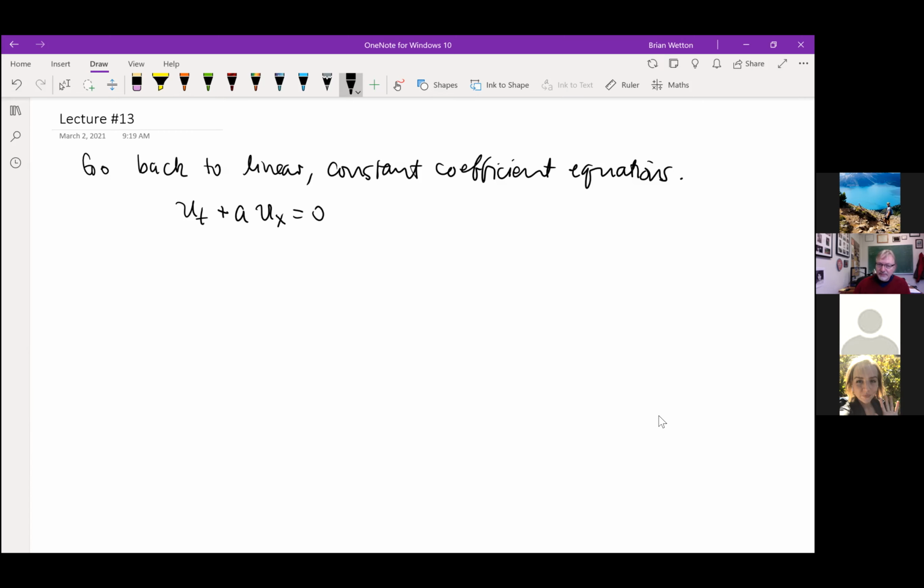Most of our discussion has been without boundary conditions. So we've been talking about what's called the Cauchy problem, where you're interested in the behavior of the problem for all x, and you give initial conditions for all x. Not all kinds of problems are well suited to a Cauchy problem, and we'll see that coming up.